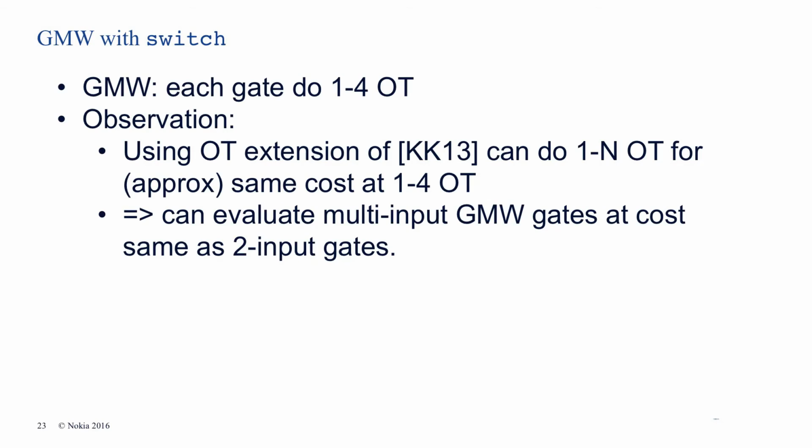The observation that we're making here, and it's relevant to the application, is that you can evaluate multi-input GMW gates at roughly the same cost as 2-input gates. Multi-input is not going to be 100 inputs, but like 5 inputs. 5-input GMW gates will cost you the same as 2-input GMW gates.